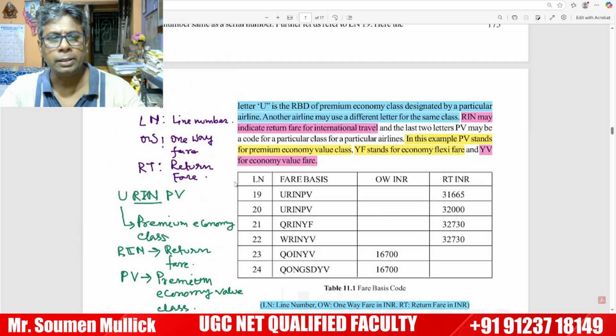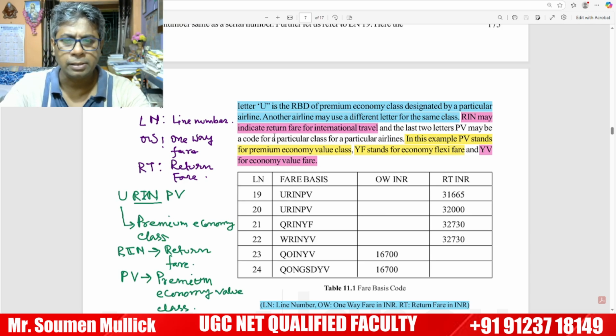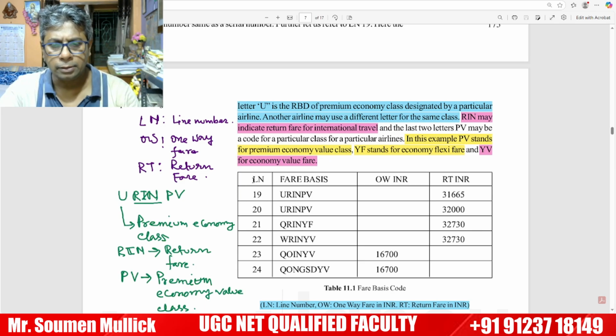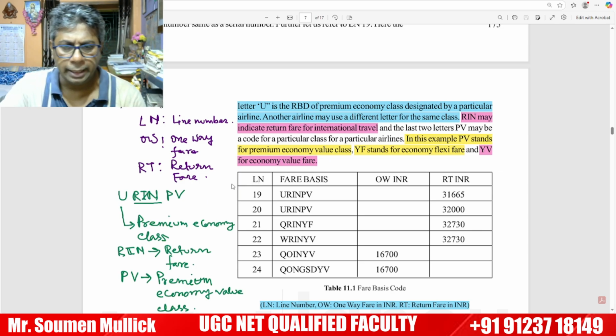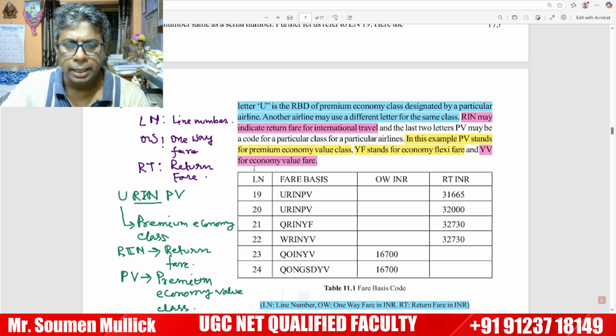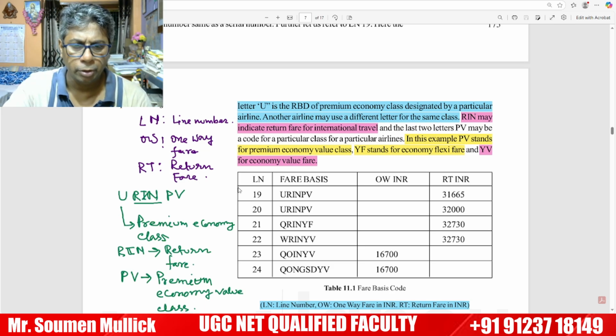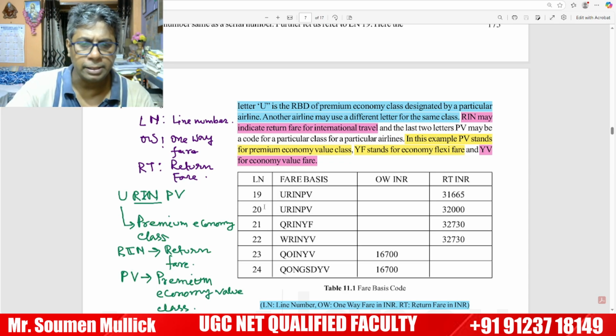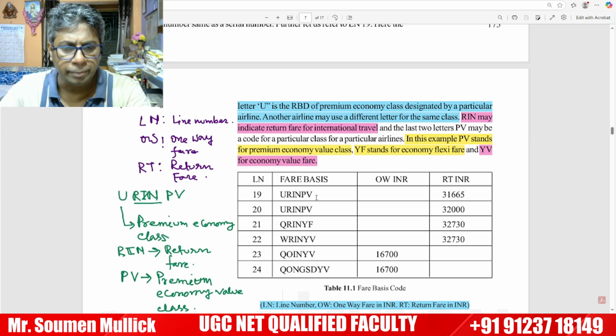Next important code of the fare basis, as the example, the letter U is the RBD. You see the ALN fare basis. LN means line number, for example 1920. Fare basis URINPV.